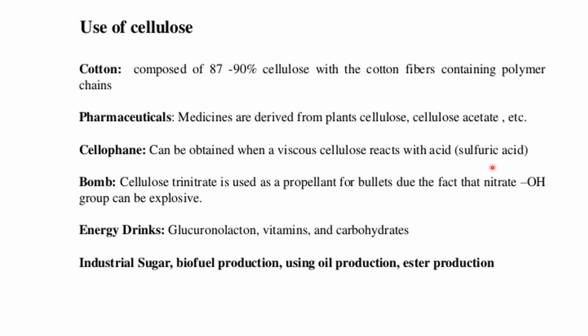Cellulose trinitrate is used as an explosive, as a powerful blasting material. Then it is used in energy drinks and in many industrial purposes. So the applications of cellulose are immense.